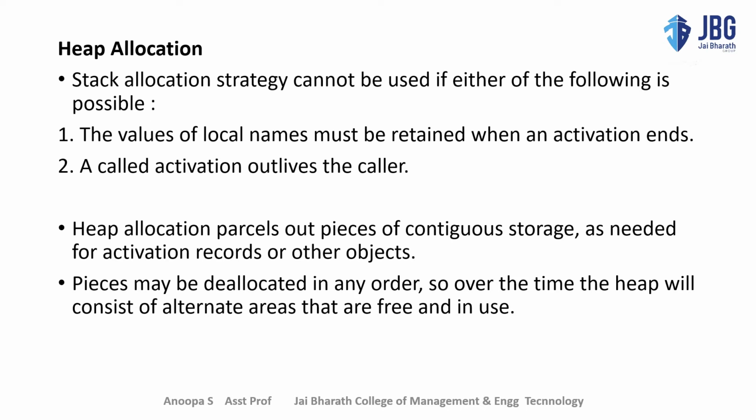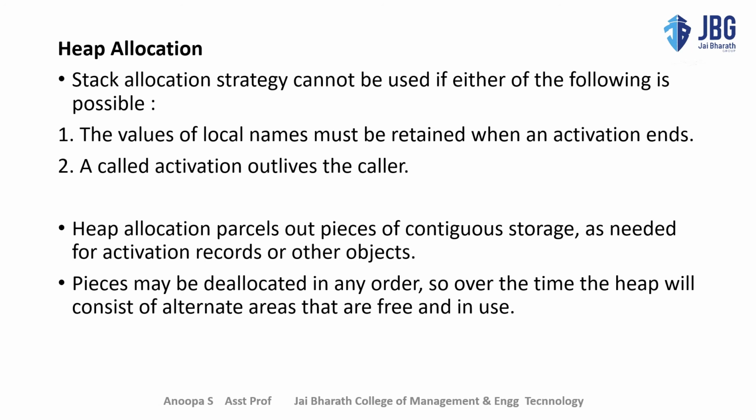Heap allocation is another one. Heap allocation is usually implemented in situations where we cannot implement static allocation or stack allocation. The stack allocation strategy cannot be used when the value of local names must be retained when an activation ends, and when a called activation outlives the caller.